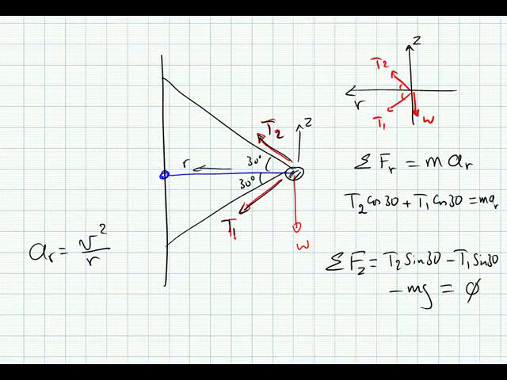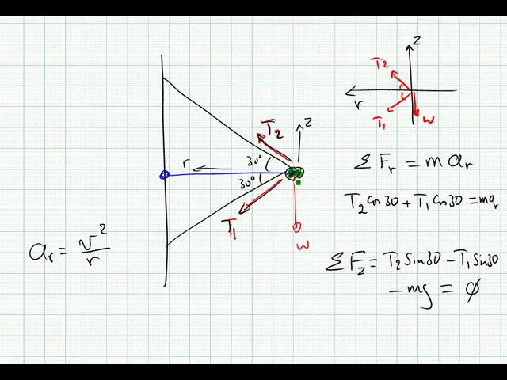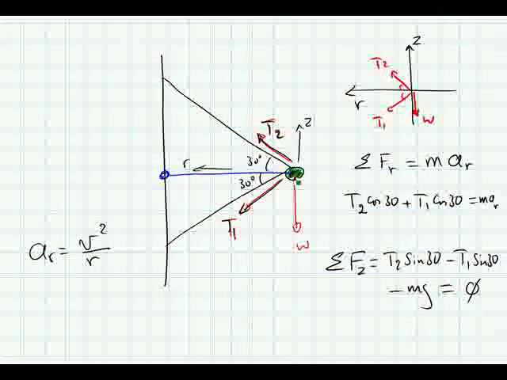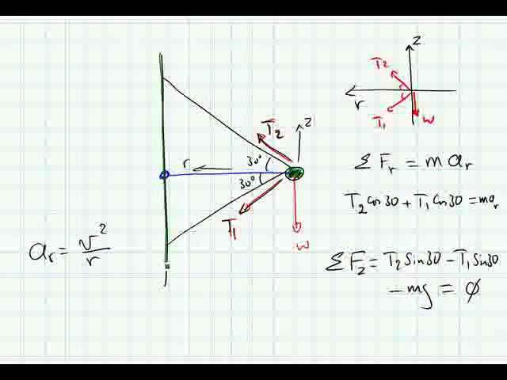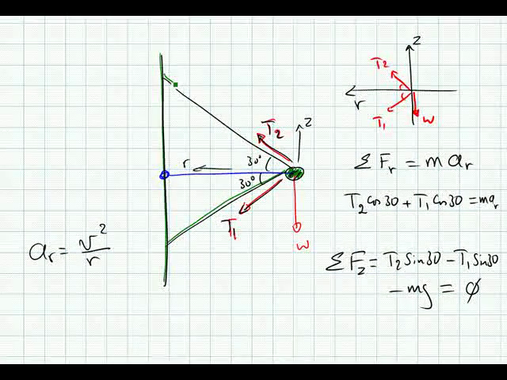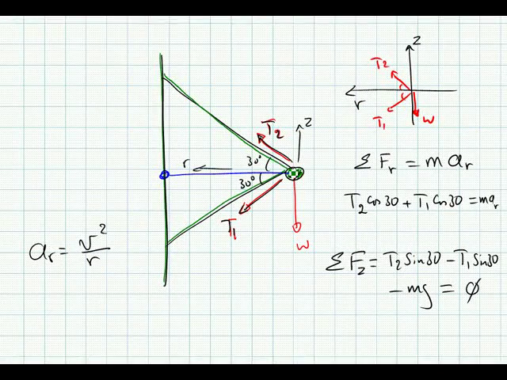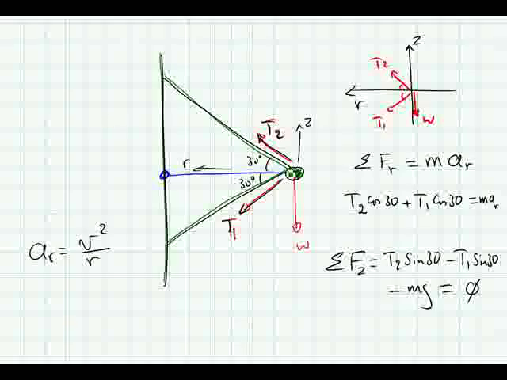Here we have an example of an object, which let me show in green, that is connected to a pole. Here's the pole, via 2 rods. So there is rod 1 and rod 2. And the object is undergoing circular motion.